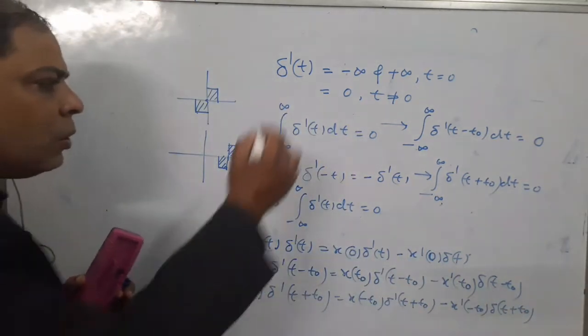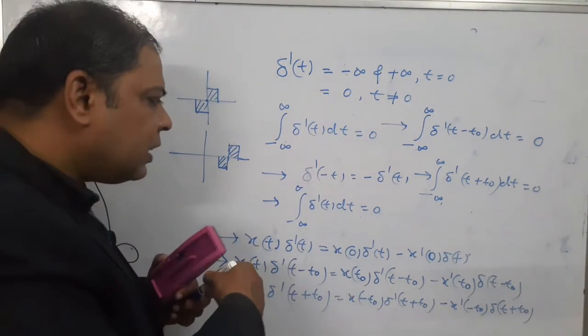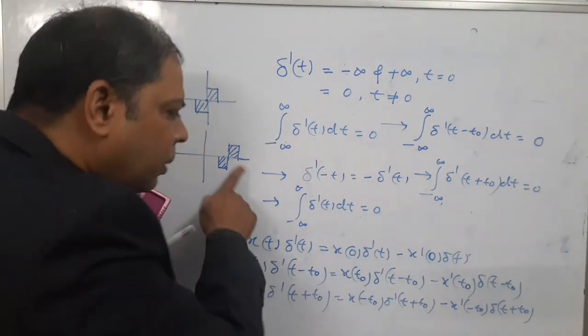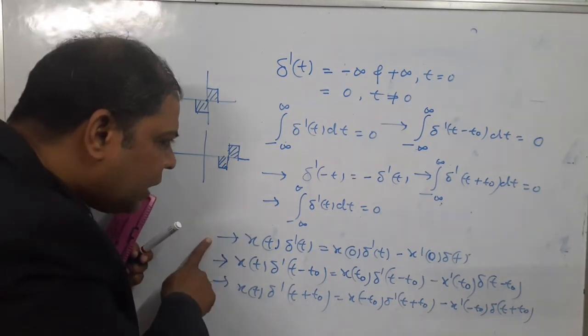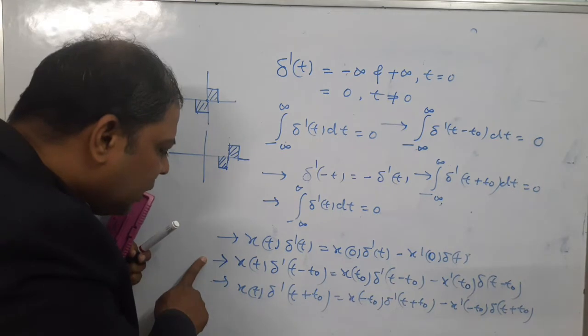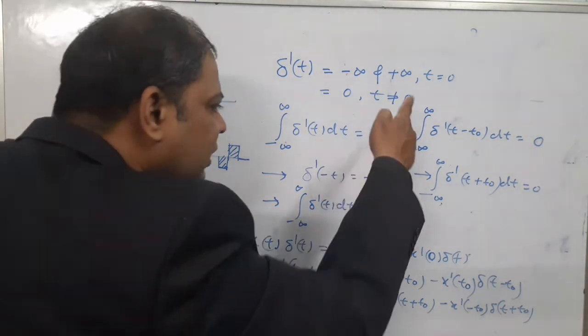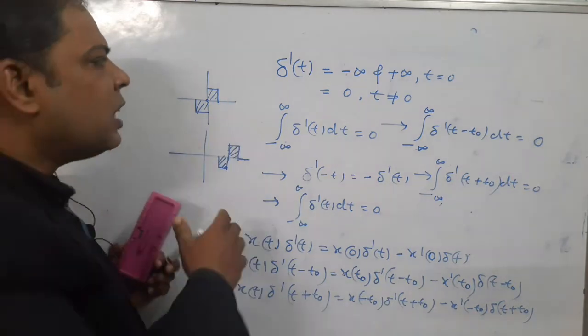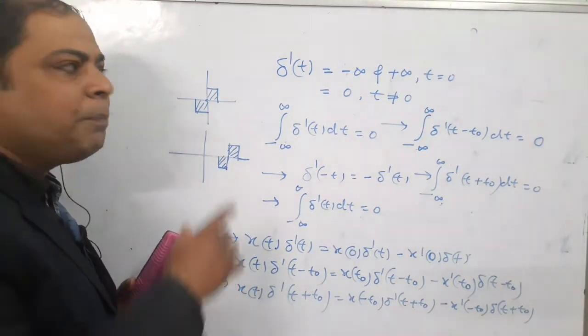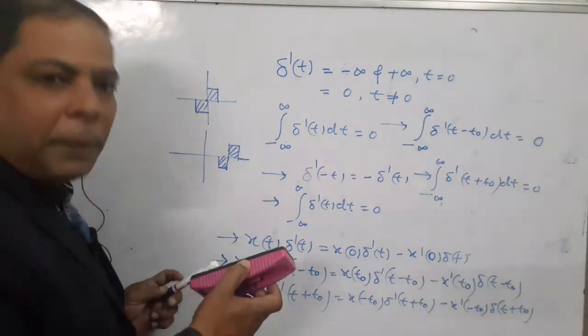So now these are very important properties. This is the first property, second, third, fourth, fifth, sixth, seventh property. In this way you can have many properties of this δ'(t), that means this doublet function.